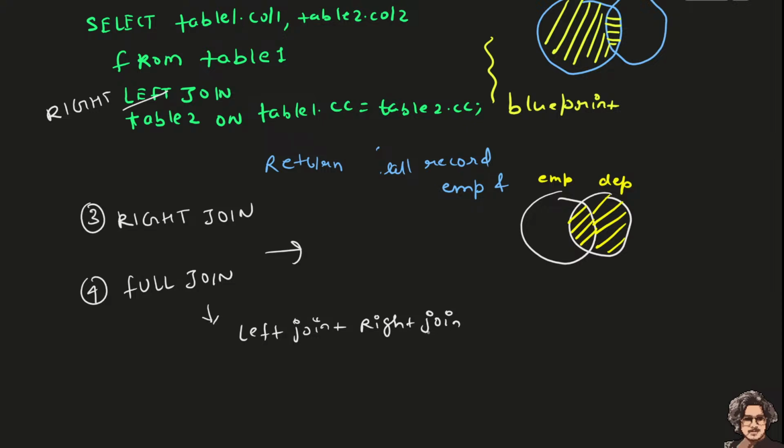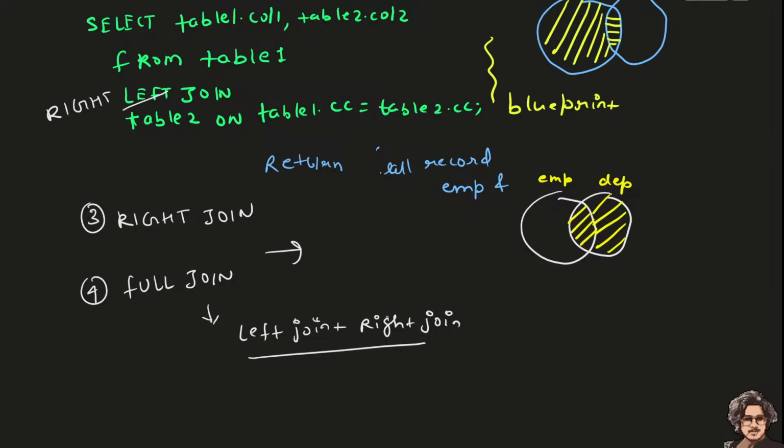It is a combination of left join and right join, so it returns all the records from both tables. Matching rows from both tables are included, and if there is no match, the result will be null. This query will return all the employee names and departments, including those that are matching or non-matching.